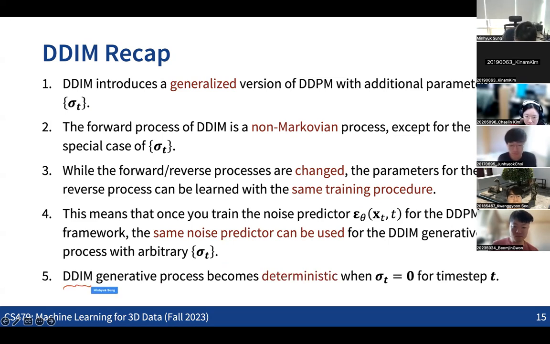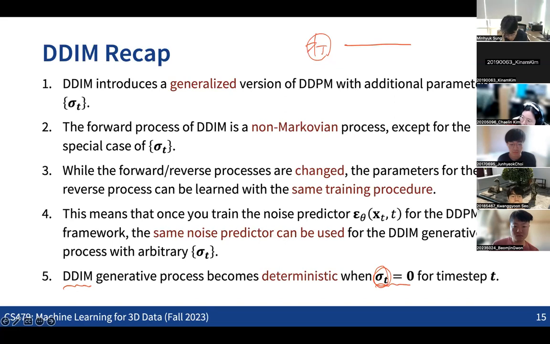And also, the important thing is that you can make the DDIM process deterministic. If you make sigma equal to 0, then we don't have the part of sampling the unit Gaussian noise in the reverse process, and everything becomes deterministic. This means that if you start from a specific x_T, there is no randomness; the whole reverse process goes in a deterministic way.